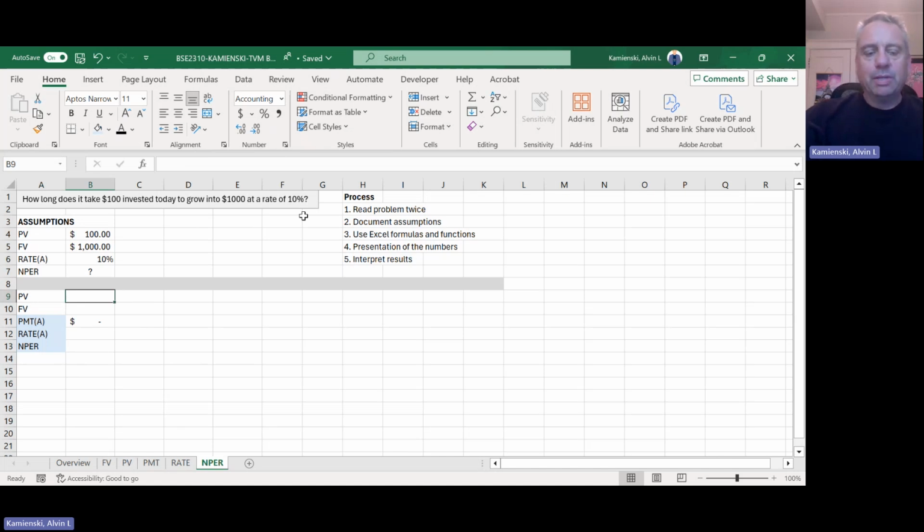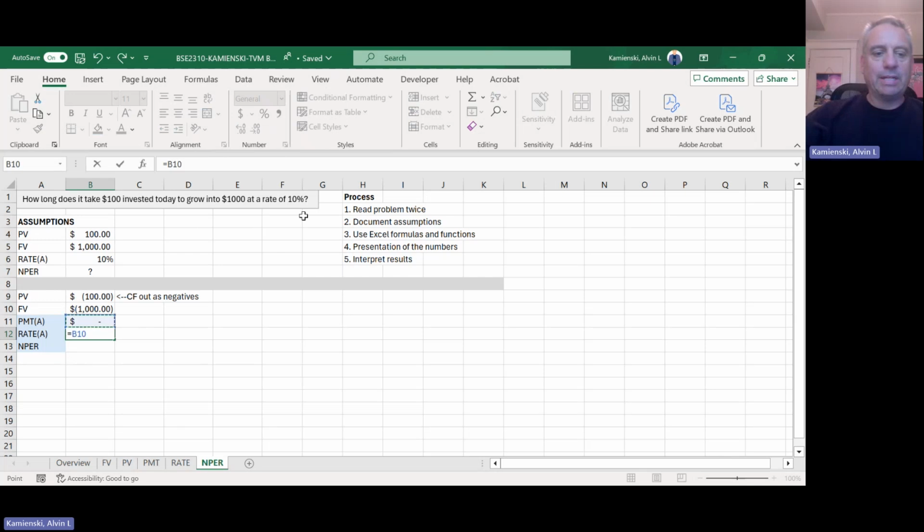Again, when we think about our present value as cash flows out as negatives, I'm going to do equals negative and point up here to the $100, because I want the 100 to grow into 1,000 while I'm making no payments. This time I know my rate is standard at that 10% rate of return.